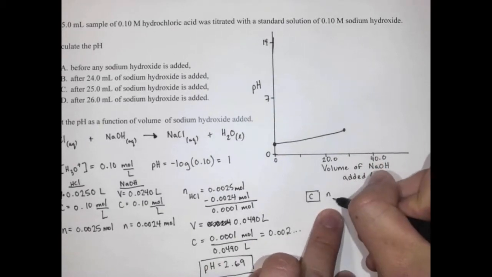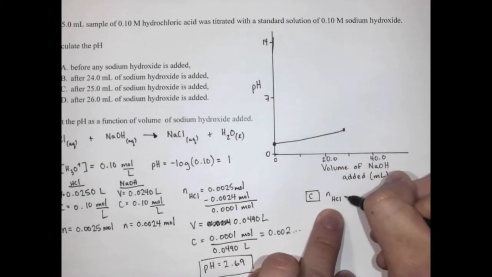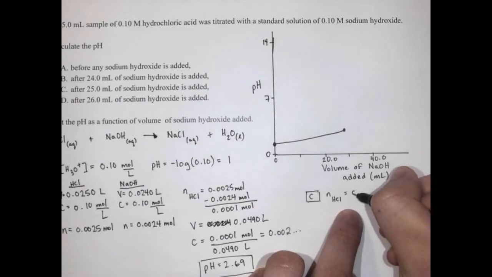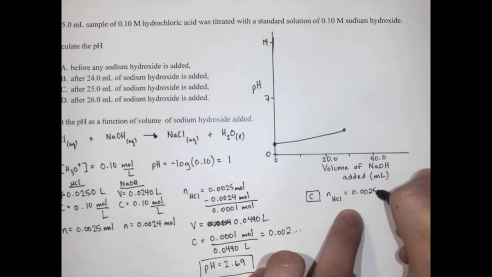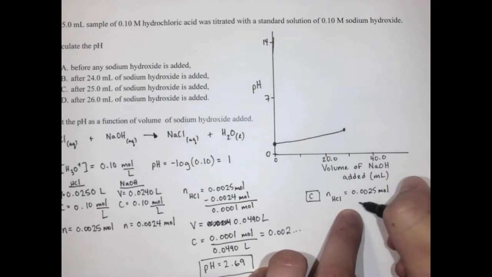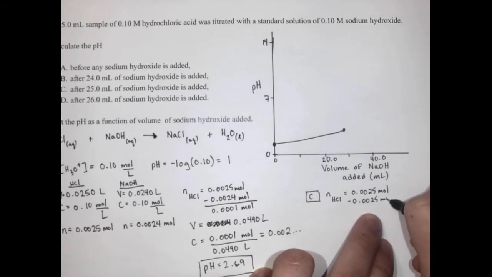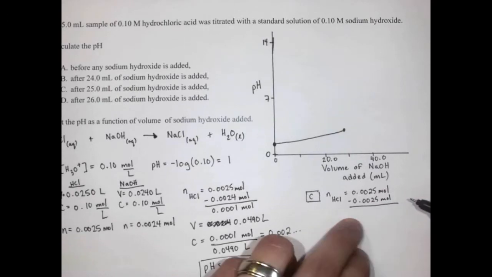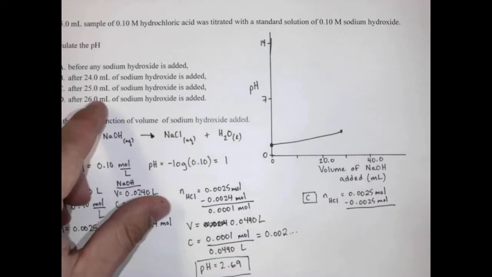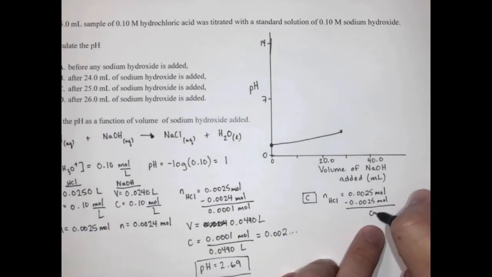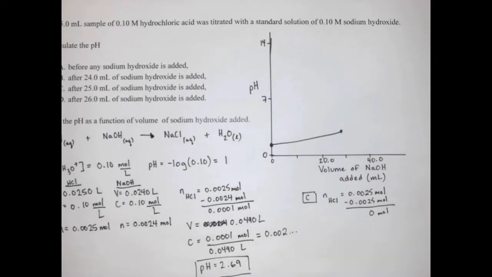Number of moles of hydrochloric acid remaining is going to be 0.0025 moles minus 0.0025 moles of the base. Because it's a 1-to-1 ratio, I've completely neutralized the acid, and there should be 0 moles of base also.